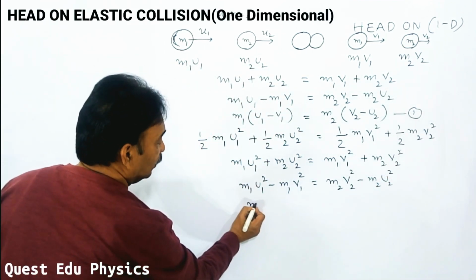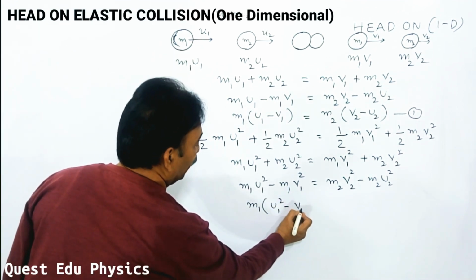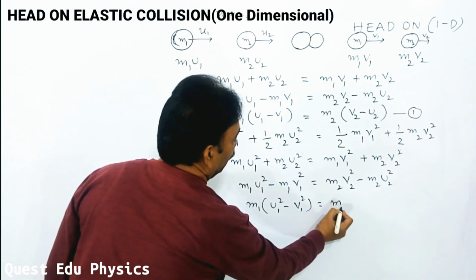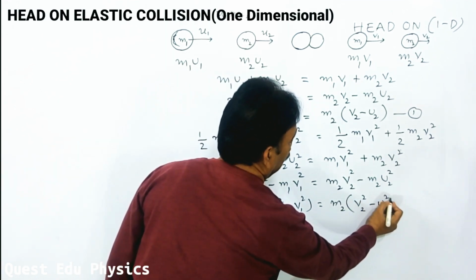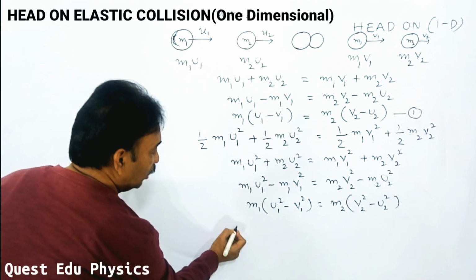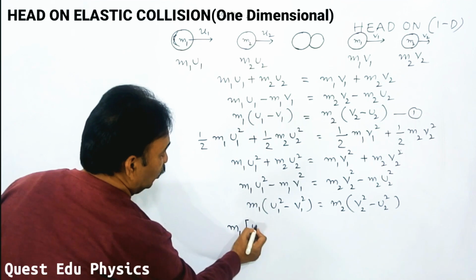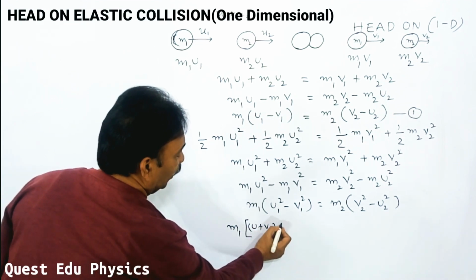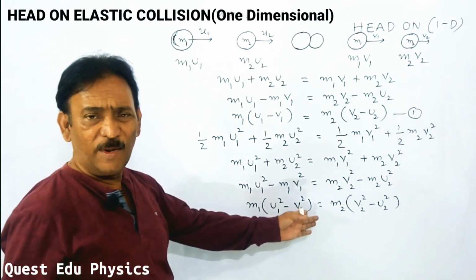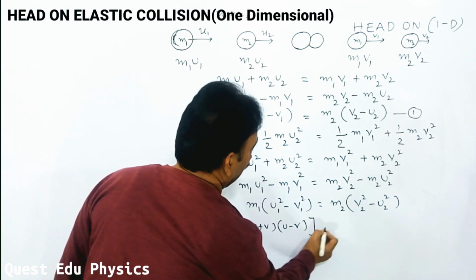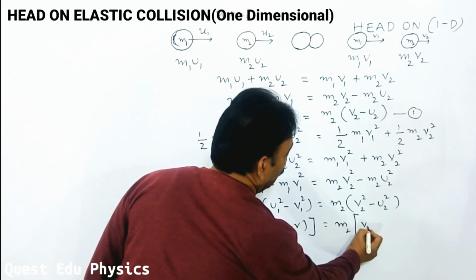Or in other words, m1 of (u1 square minus v1 square) is equal to m2 of (v2 square minus u2 square). Or it can also be written as m1 of (u1 plus v1) multiplied with (u1 minus v1), in the form of a squared minus b squared, must be equal to m2 of (v2 plus u2) multiplied with (v2 minus u2).